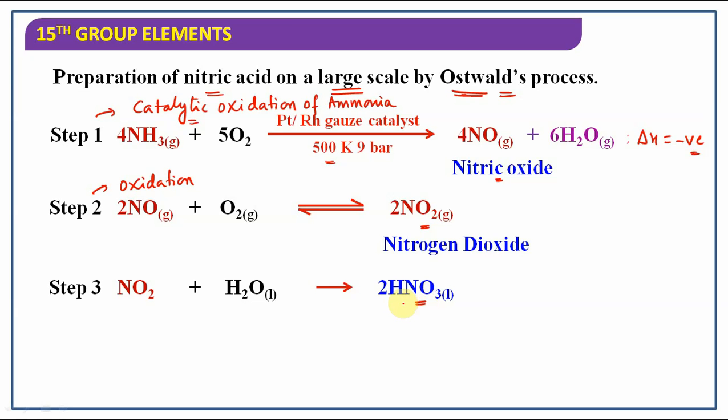It gives you nitric acid. So if you just see the general flow chart, how does it look? It gives a general idea for you.